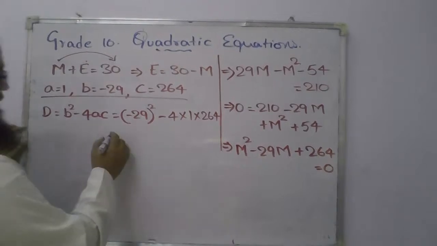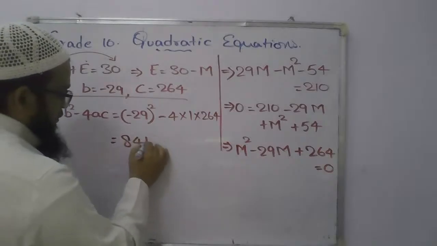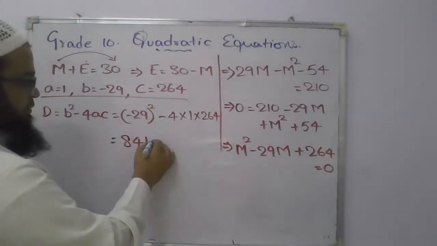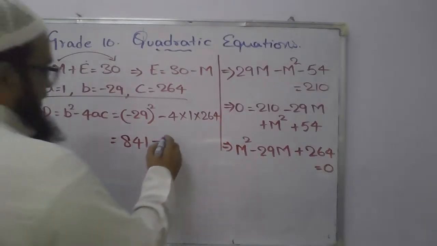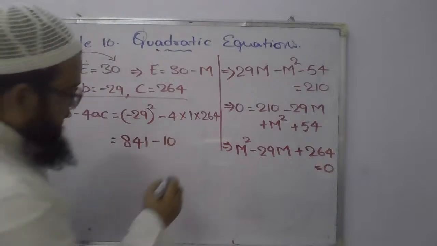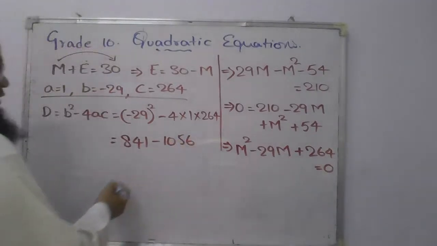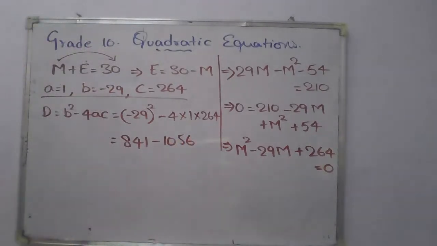So that is equal to 841 minus 264 into 4. 264 into 4 is equal to 1056. So it should not come negative. If it comes in negative, you will not have real roots.